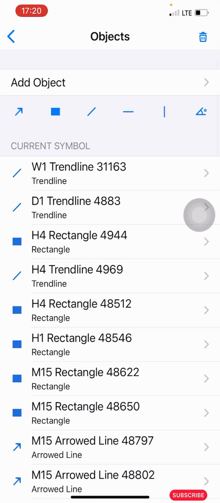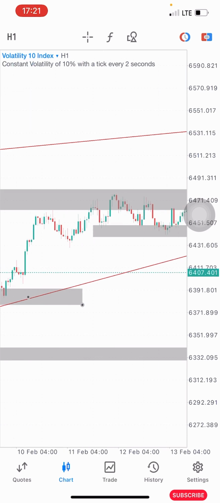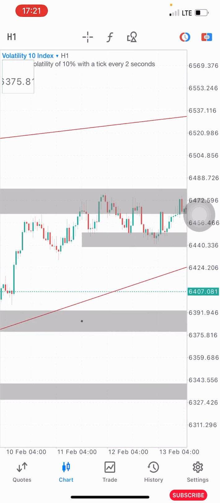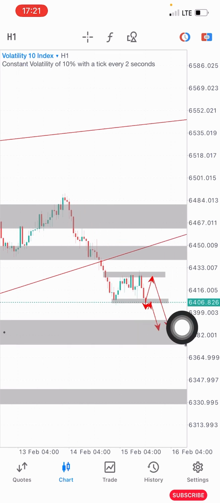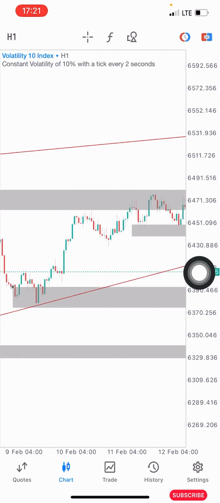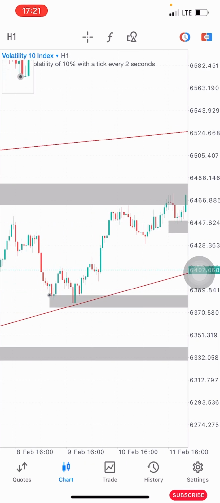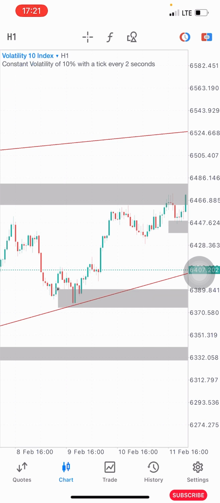The first one is around this area, which is going to be our first TP for this entry. If we are to take any entry here, the first TP is going to be around this area, and then the second one is going to be around this area here. So this is how I planned on going in for this entry.